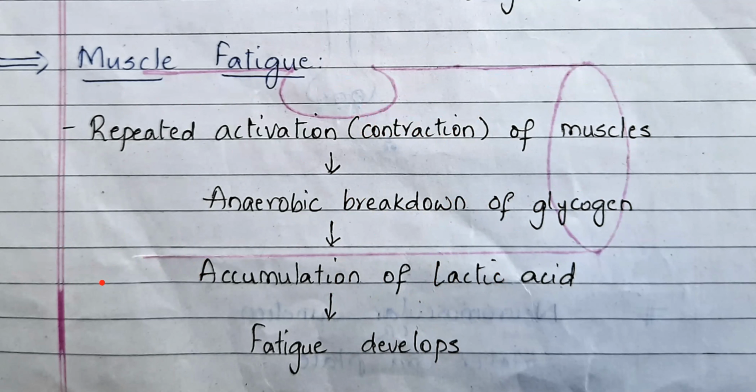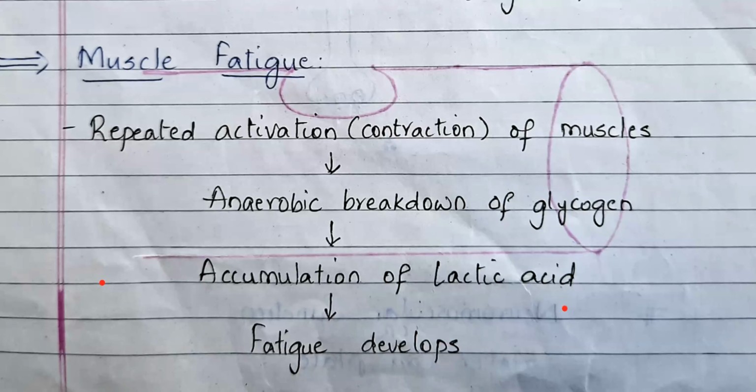What is the product of anaerobic respiration of glucose in animal cells? In aerobic you get CO2, H2O and 38 ATP. What will you get in anaerobic? If you remember chapter 14, respiration, in yeast you got 2 alcohol molecules, 2 CO2 and energy, 2 ATP. Here you will get 2 molecules of lactic acid and 2 ATP.